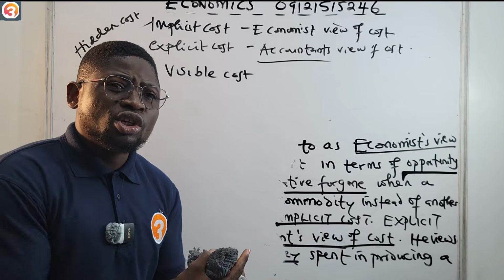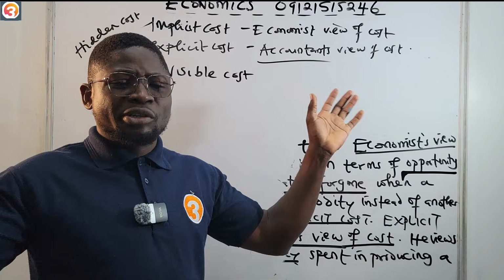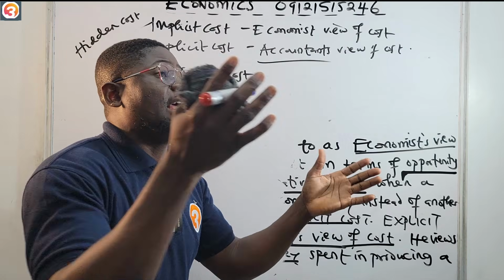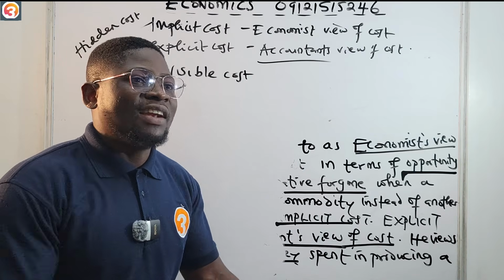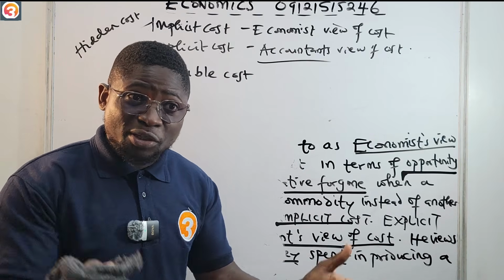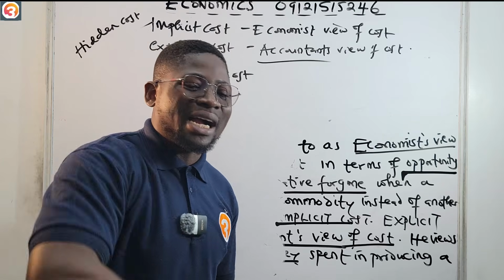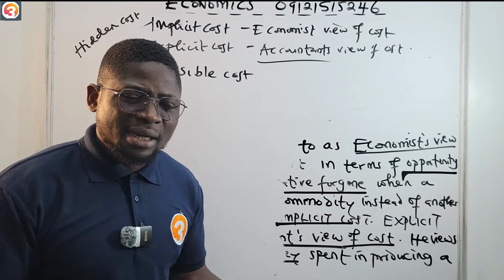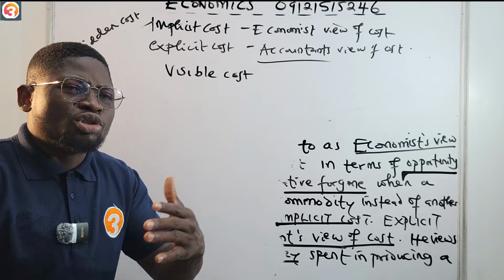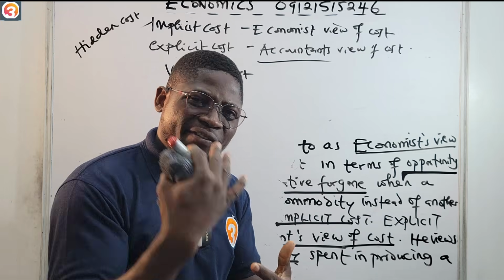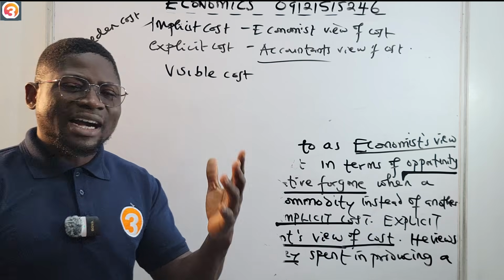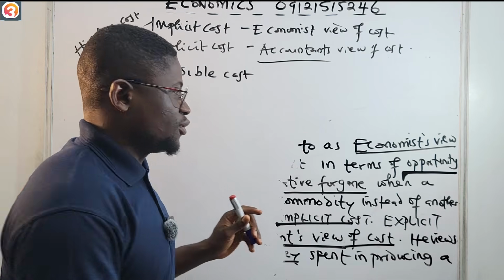You cannot just bring in 15 generators. You have, let's say, 5 workers in a small place, so you cannot go and employ 10 more workers. It does not make sense in the short run. So in the short run, some factors of production are fixed, while other factors are variable. That is what's called short run.